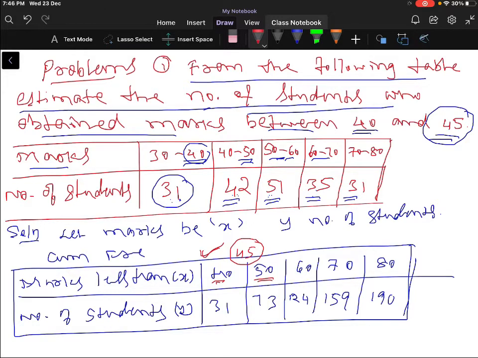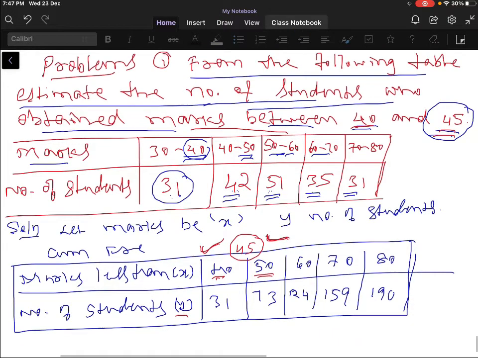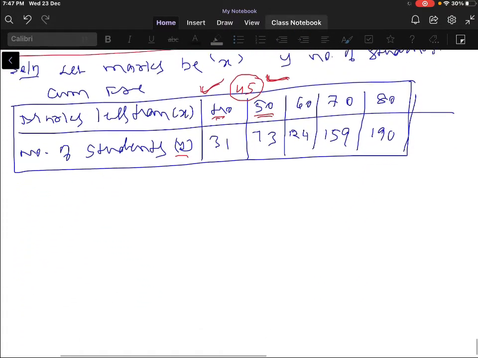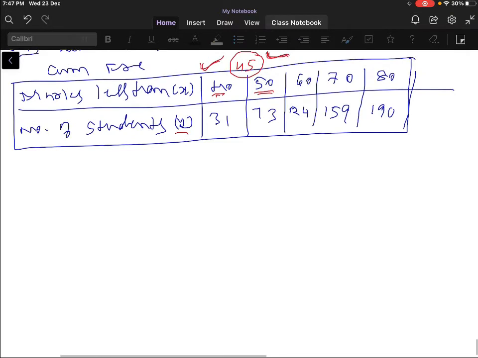Therefore Newton's forward interpolation formula is appropriate. So we can find out the number of students, that is y, at x equal to 45. Then later you can find out the marks between 40 and 45 marks. So now let us find out the value of y at x equal to 45.